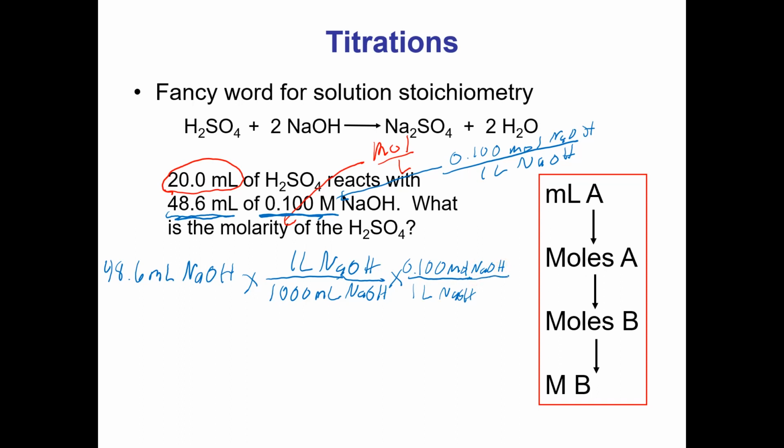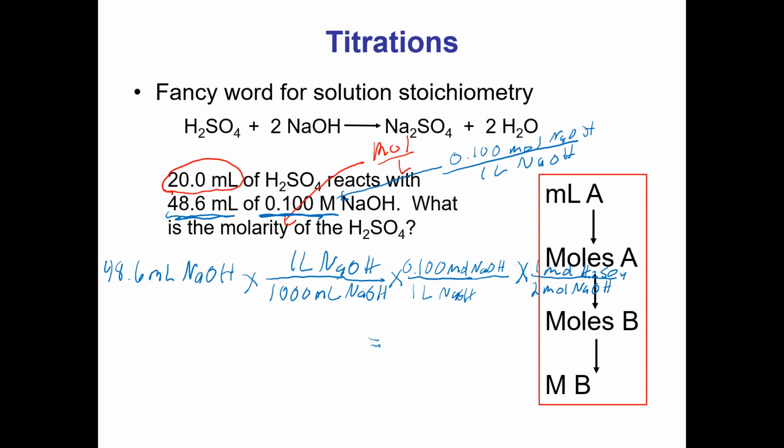And then I want moles of sulfuric acid. So according to my reaction, 2 moles of sodium hydroxide react with 1 mole of sulfuric acid. So this gives me the moles of sulfuric acid.